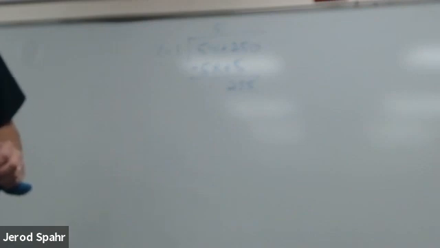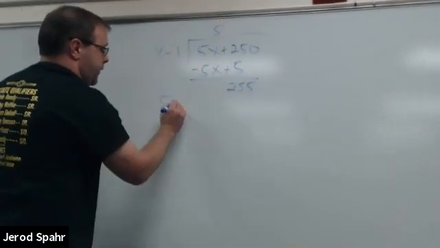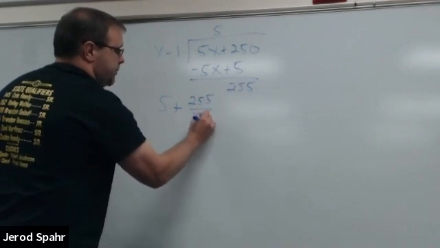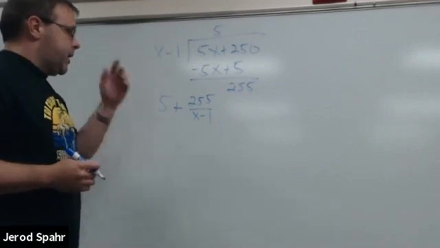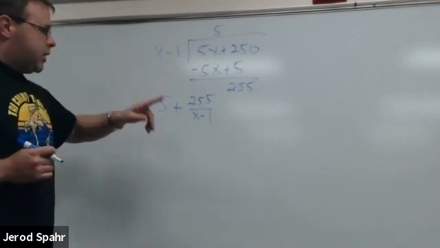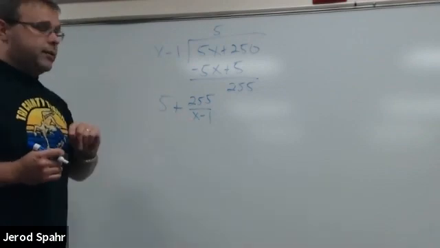The answer is going to be 5, just like the last one. We have 5 plus 260 divided by x minus 2. So this is how we can figure out how much everyone's going to have to pay. It depends on how many people show up. If we have 262 people show up, it's going to be $6.